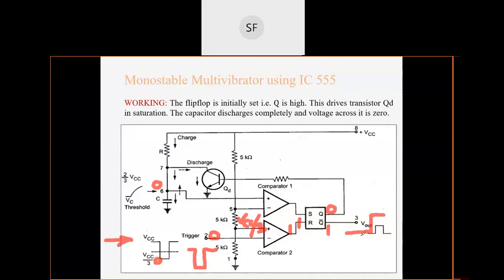Okay, अभी आपका output high हो गया है. Previously it was 0, but now due to the application of this trigger, the output state is changing from 0 to 1.